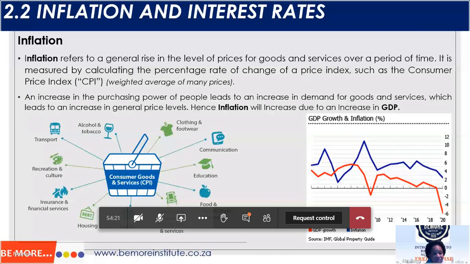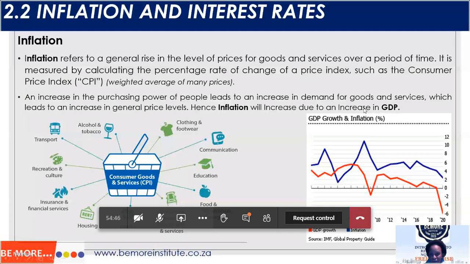And when that happens, it results in a higher purchasing power for people. So you have more disposable income. And when you have more disposable income, what does that mean? You have more demand for goods and services, which then will lead to an increase in general prices, because now there is a lot of demand out there.